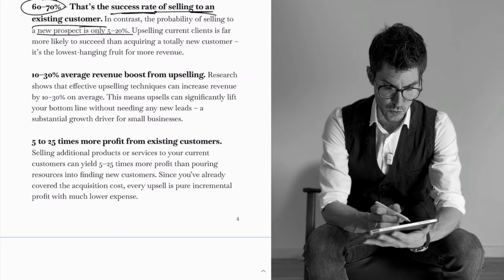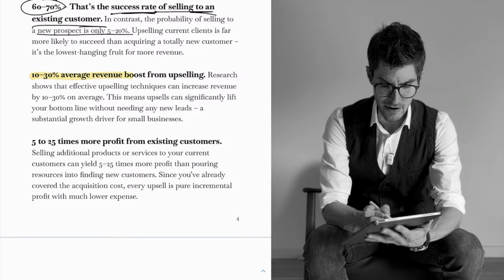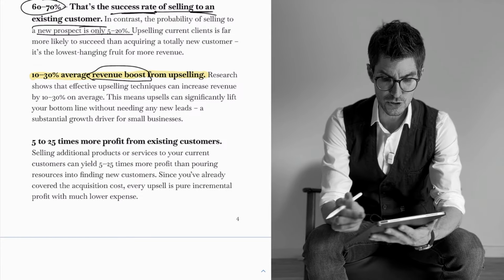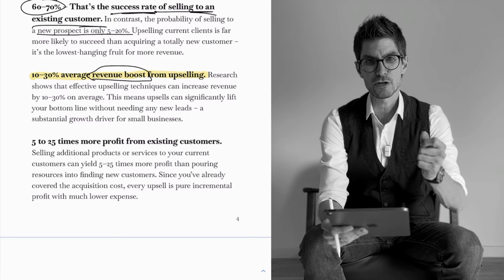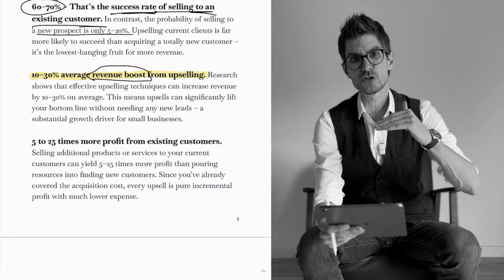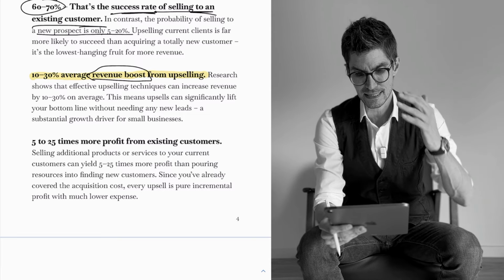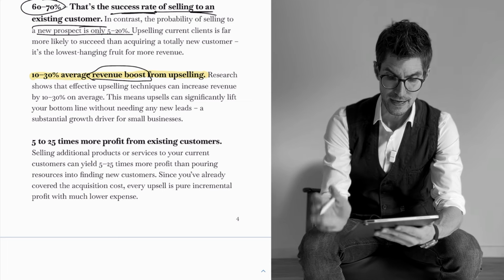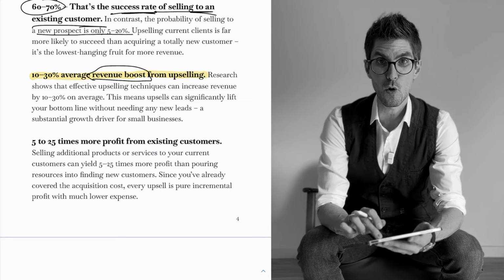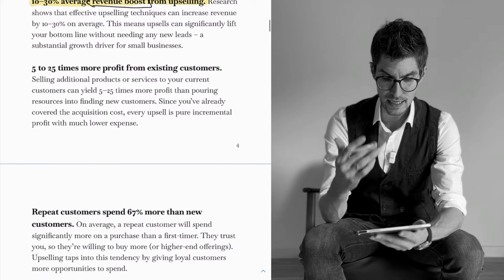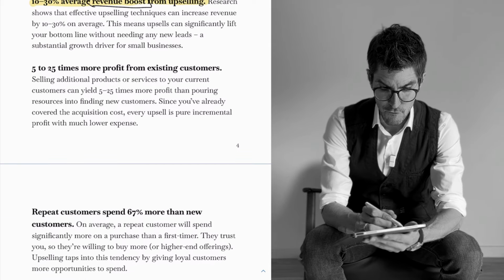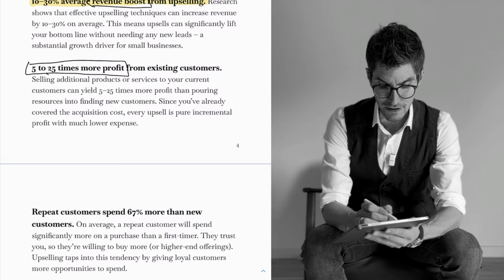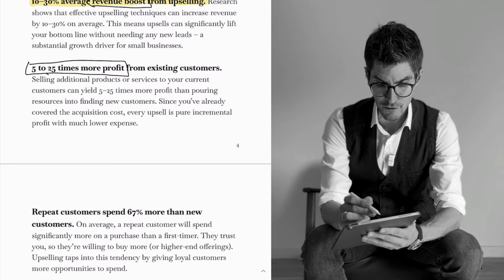Now, number 2, 10 to 30% on average in revenue boost. You get an immediate 10 to 30% revenue boost if you just offer an upsell. That's the average. That's why it's really so significant. Now, that is revenue. What's even more important in this scenario when it comes to upsell is actually 5 to 25 times more profit.